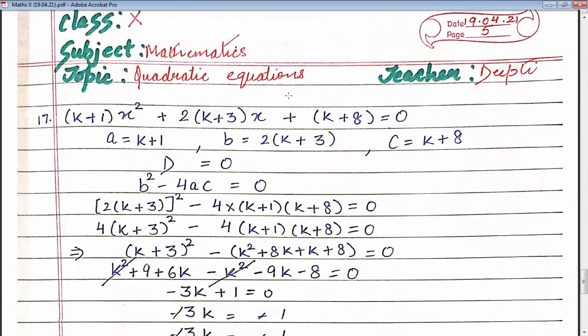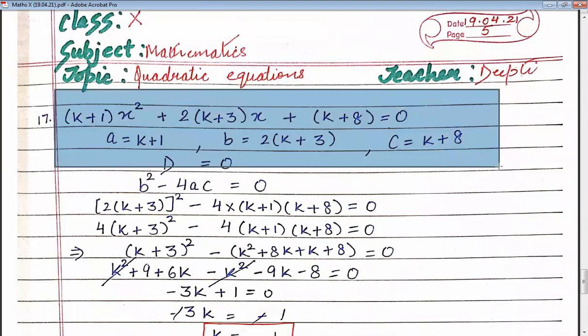Let's move on to question number 17. It is again the same: this question has real and equal roots, so the discriminant is 0, which means b square minus 4ac is equal to 0. First, let's find a: k plus 1. What is b here? 2 times k plus 3. And what is c? k plus 8.